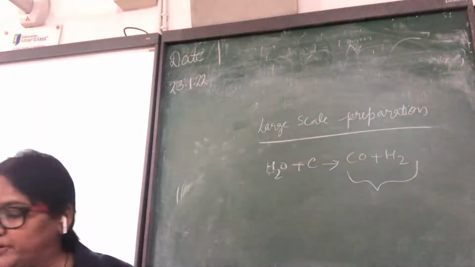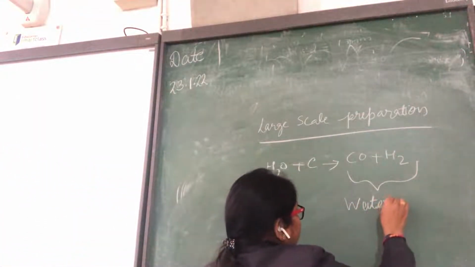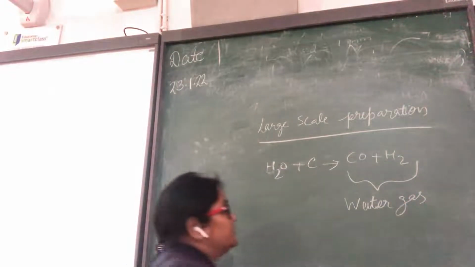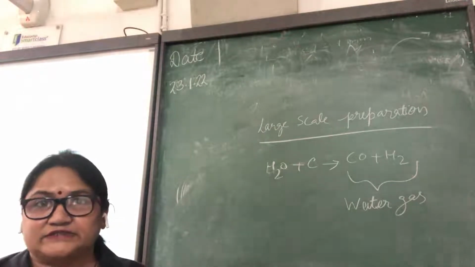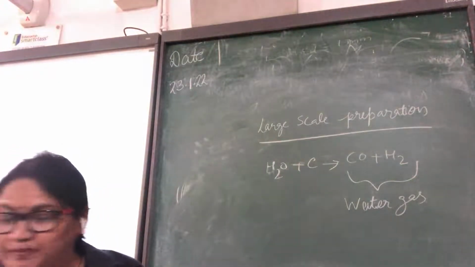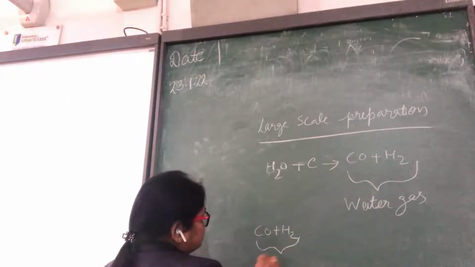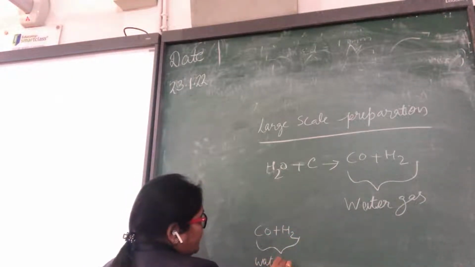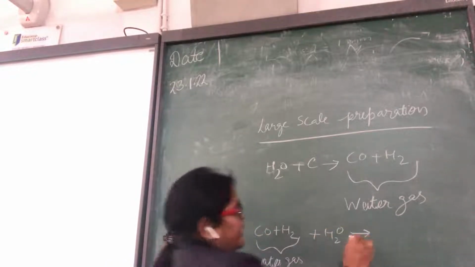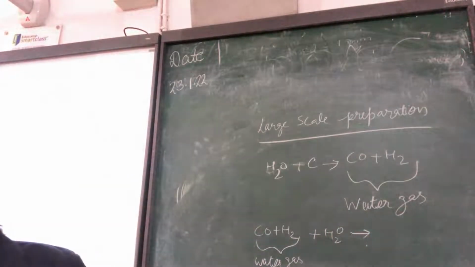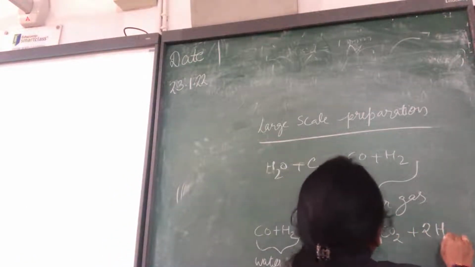Another very important point is the water gas. Generally in the exam it is asked what the formula of water gas is. It is CO plus H2. This CO plus H2 is the water gas. Again it reacts with water, forming carbon dioxide plus 2H2.